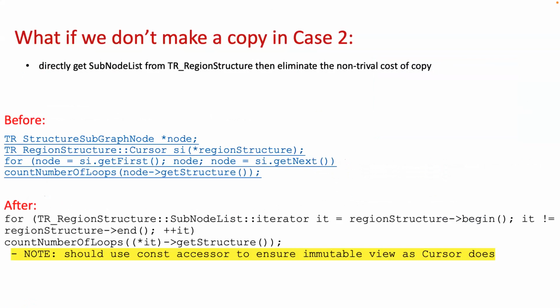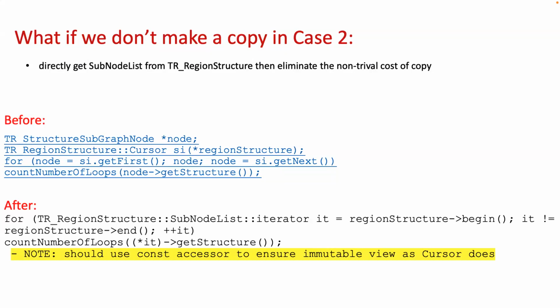Oh yeah, thank you. What we are concerned about is that the cursor actually provides an immutable view of the underlying elements, and to achieve that, the cursor itself must copy the elements from the subnode list listed before, which of course adds a non-trivial cost. So I'm thinking, is it possible?